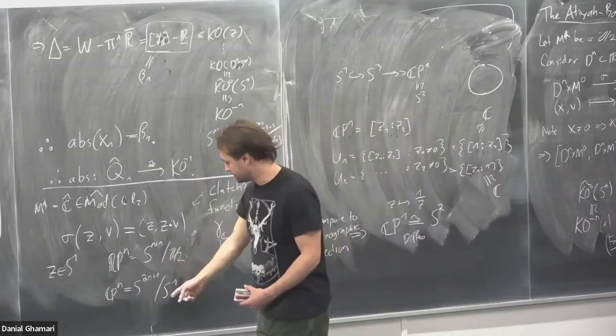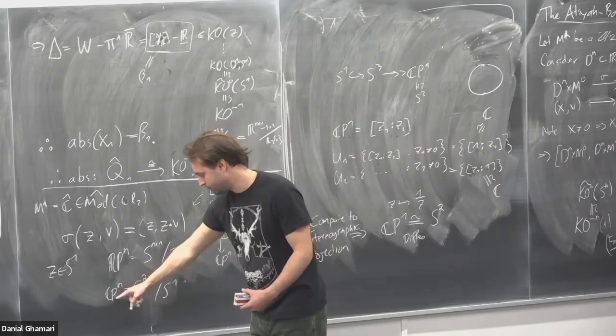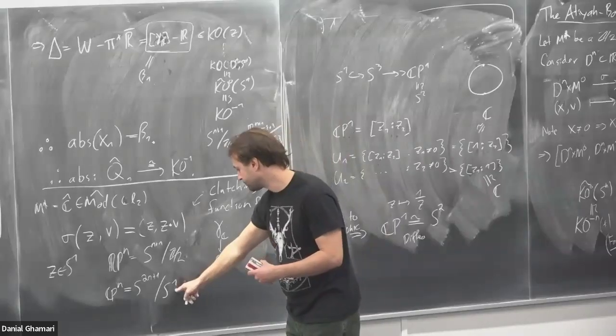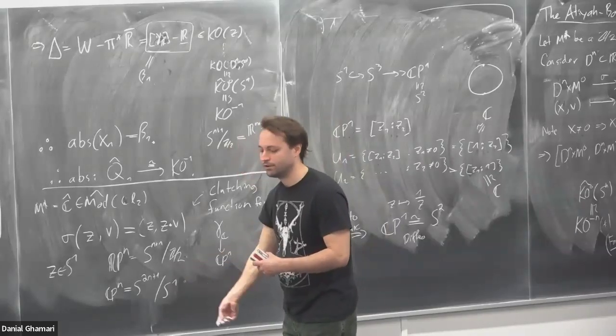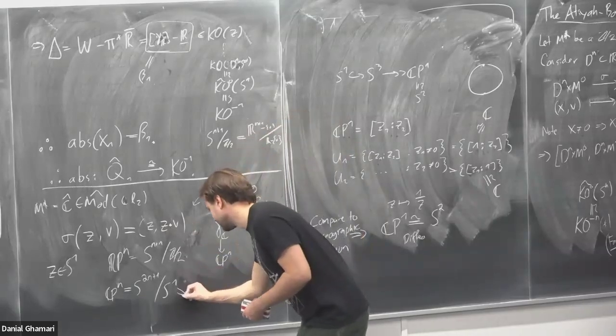The same principle happens here: two points are the same point in CPn if they're on the same complex line, differing by the action of a non-zero complex number. If you normalize it, you just divide.